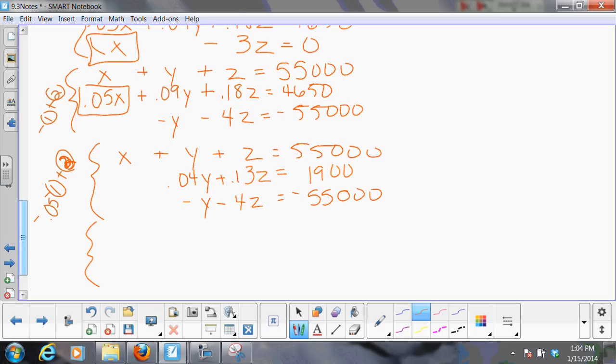Okay, so I'm going to get rid of this piece now. So I'm going to take my row 2 and add it to 0.04 times row 3.